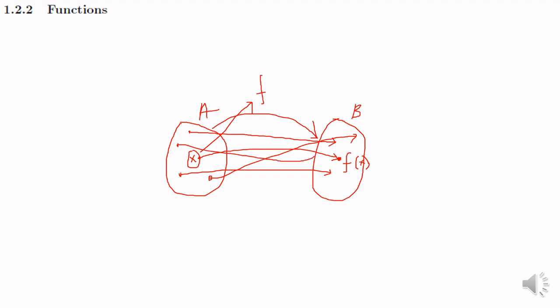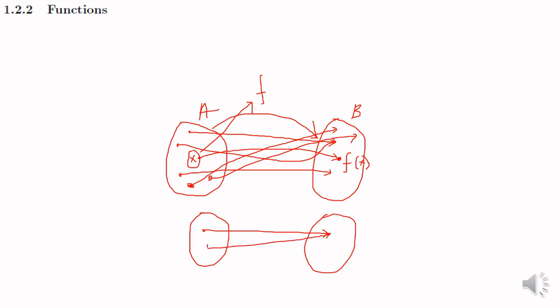It is not necessary that all the elements have different images. So it is also possible that two elements in A can have the same image in B. But an element in A will not have two images in B. So this will not happen.